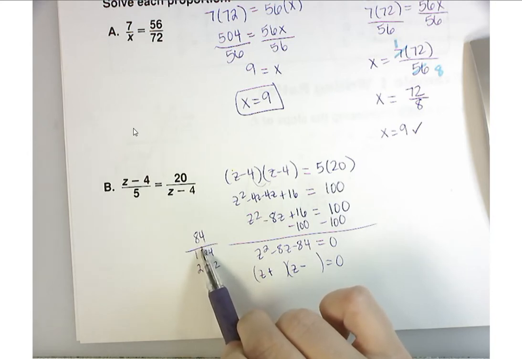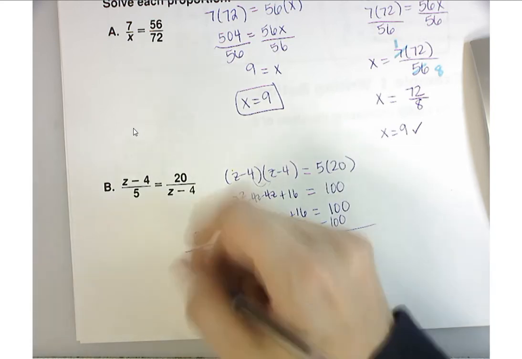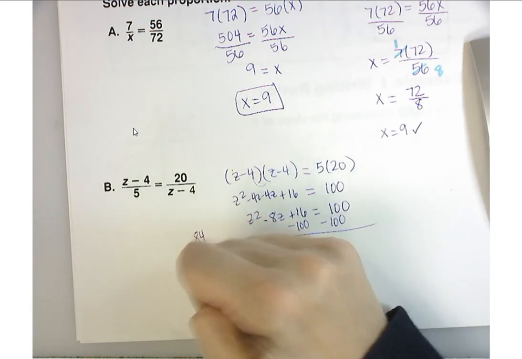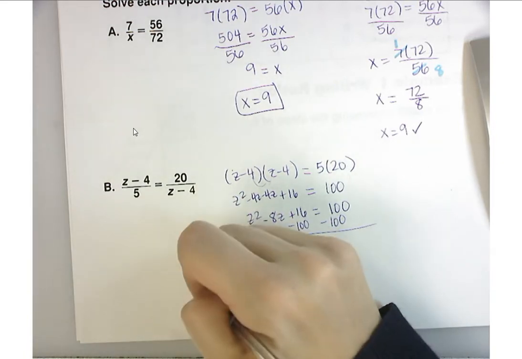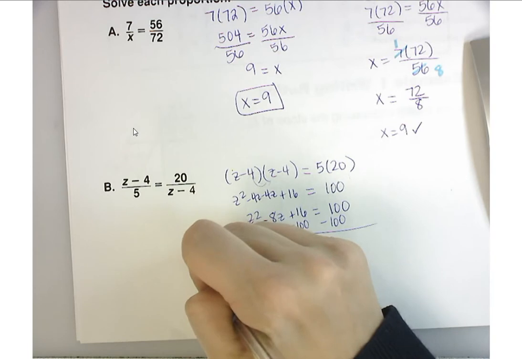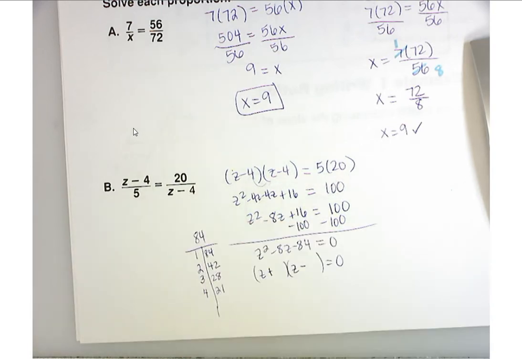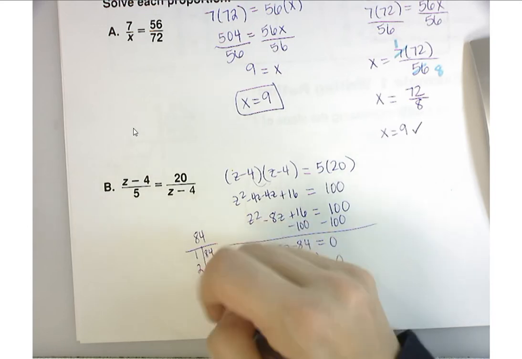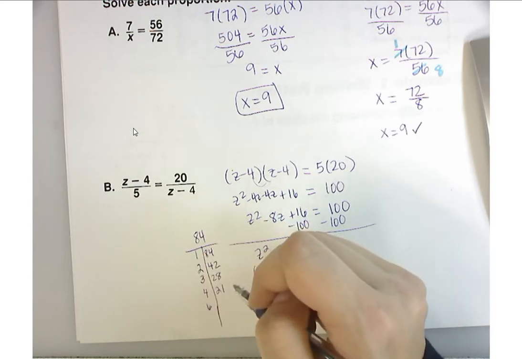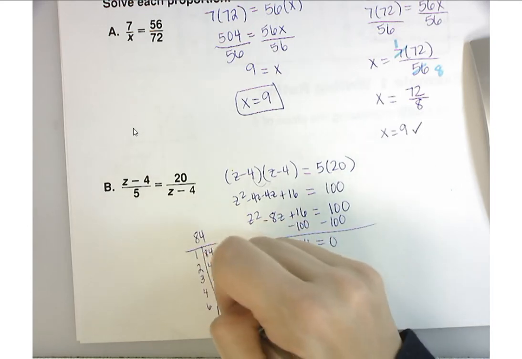So let's find out how many times. Can you guys check that? So 84 divided by 3 is going to be 28. Okay. What about 4? Does 4 go in there? 21 times. Okay. 5? No. 6? How many times? 14. 7?